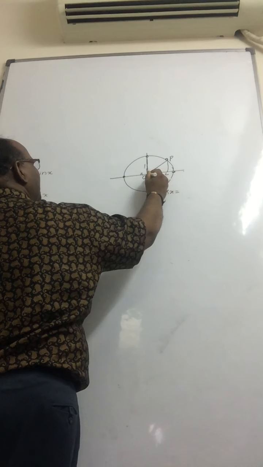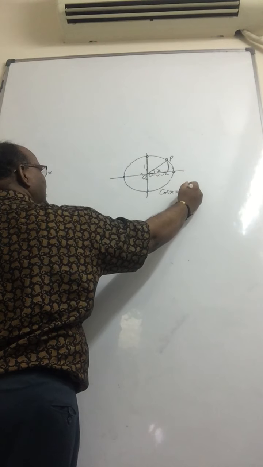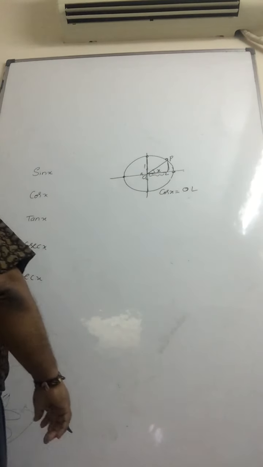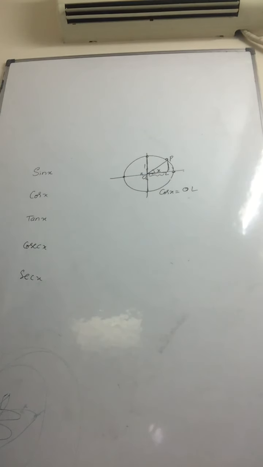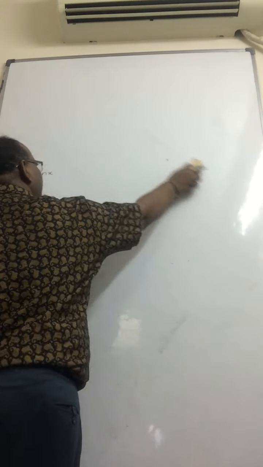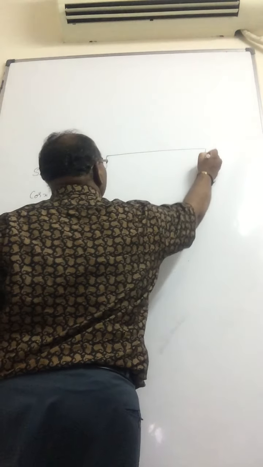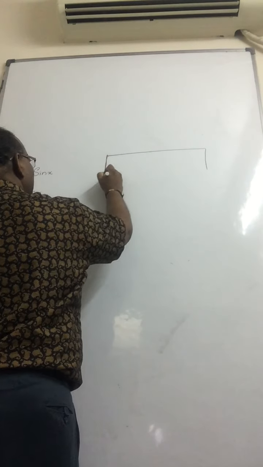Cos X is defined as just the abscissa, the X coordinate of the point P. So with the help of this definition, we can find the value of the cos function for different angles. We need 5 to 6 values to draw the graph of the cos function.